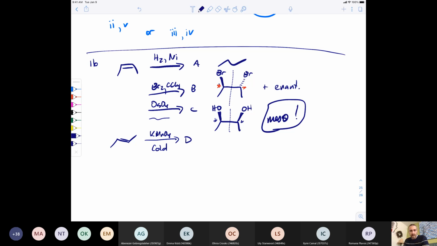KMnO4 cold does the same reaction as osmium tetroxide, but we're starting with the trans isomer in this case.